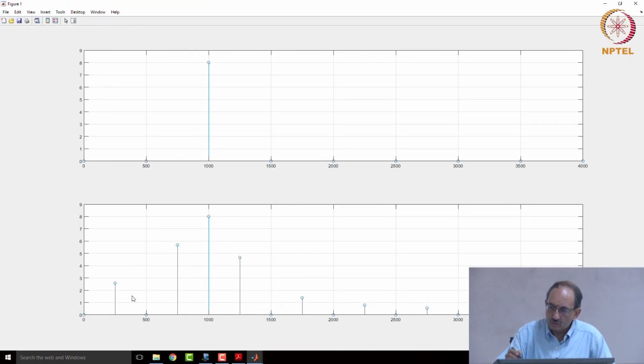Therefore, here you had 9 points, 0 to N by 2, 0 to 8. Here you have 17, 0 to 16. And if you see, this point is the same as this, right? And at 500 you have this.